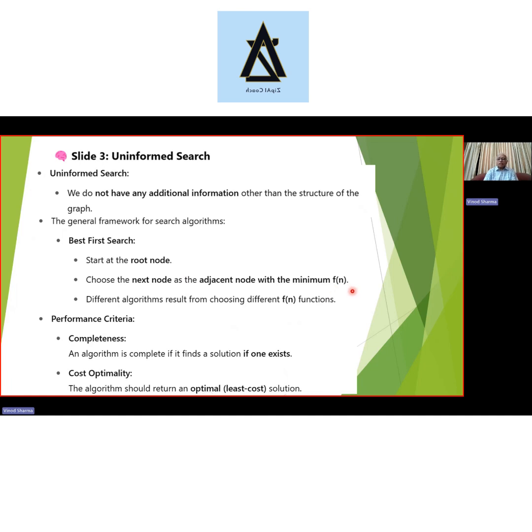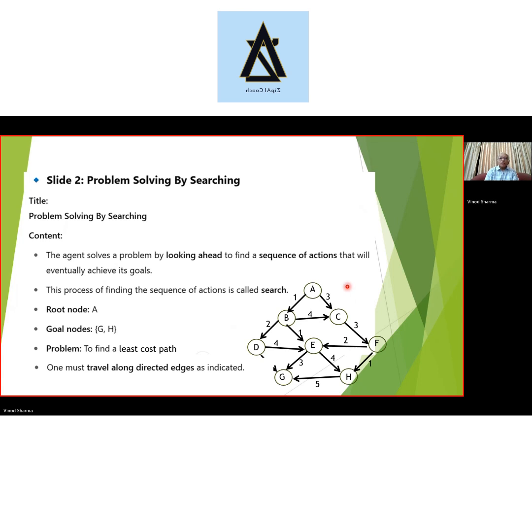So at any state, if you are in state E, and the possible actions you can take are this and this, which action it will take depends on which of these states has less function value f(n). This has f(G) as function value associated with it, and this has f(H).